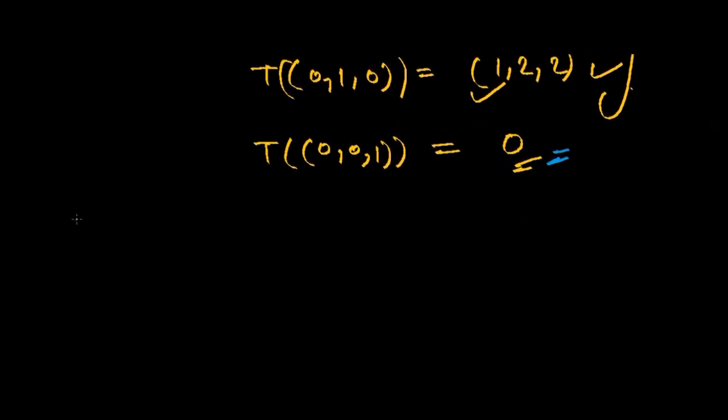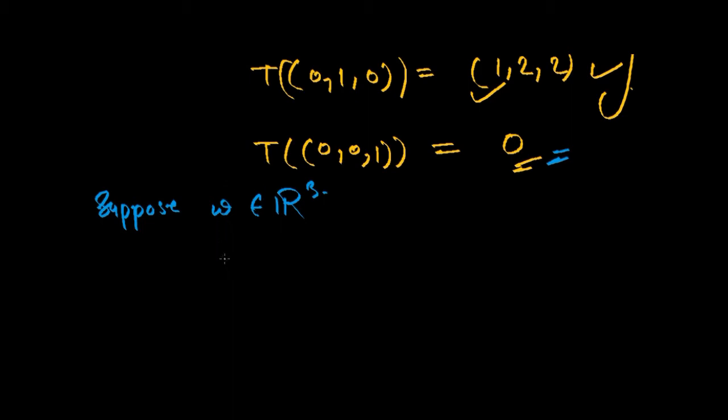Now what about the general vector that we have in our domain? Suppose that W is the general vector from R3. So what is the transformation of this vector? How can we represent this vector on the side of the range?